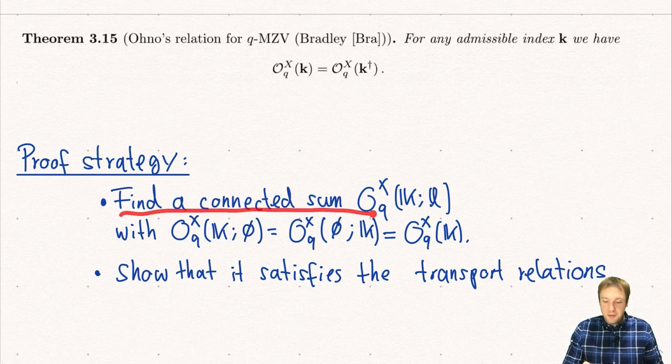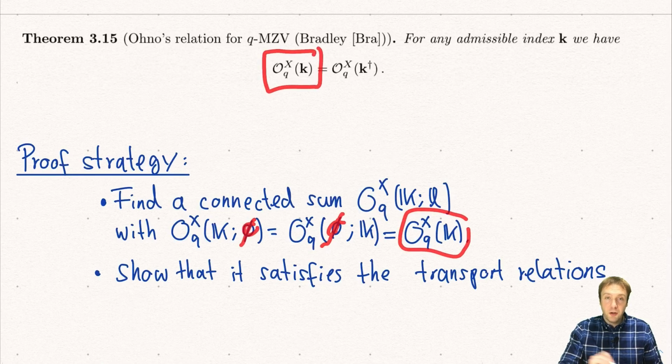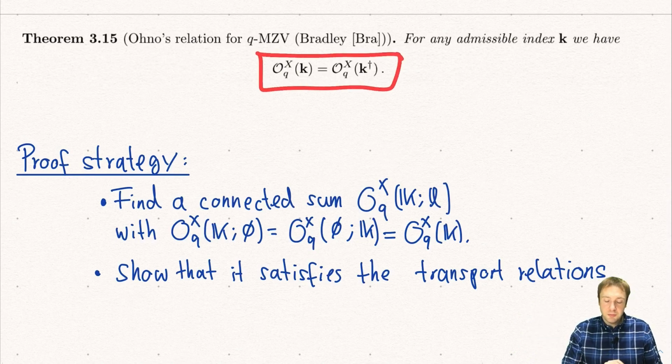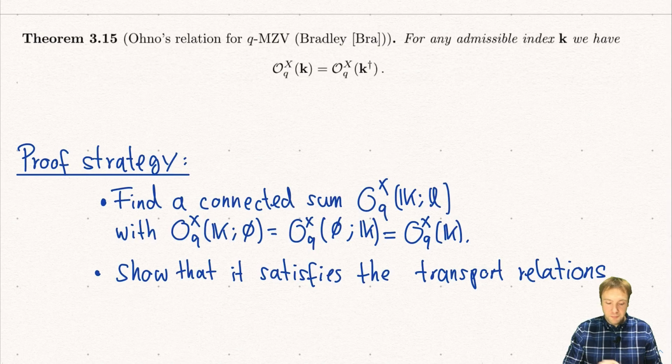So we want to find a connected sum, depending on two indices like before, k and l, where if one of them is the empty index, we just get back our original object. Then we want to show that these connected sums also satisfy the same transport relation, and then we will be able to transport one index from the left hand side to the right hand side, and it will become the dual index, and then we will show this Ohno relation.